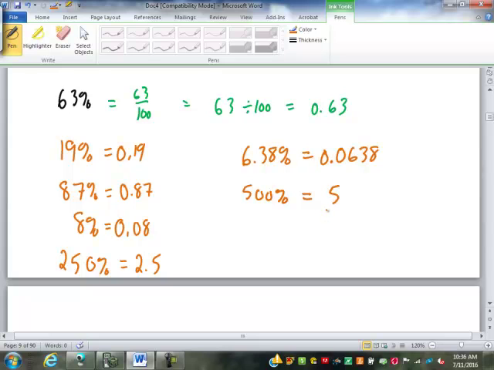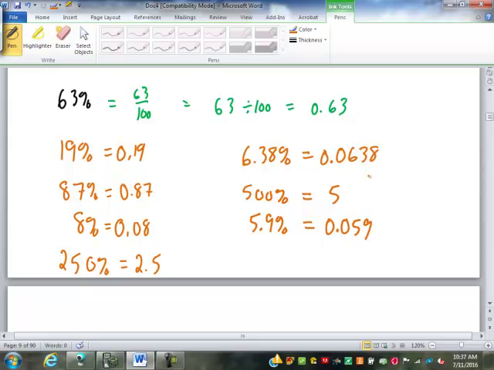Five. Just 5. Only 2 spots, right? 5.9% is what as a decimal? Careful.